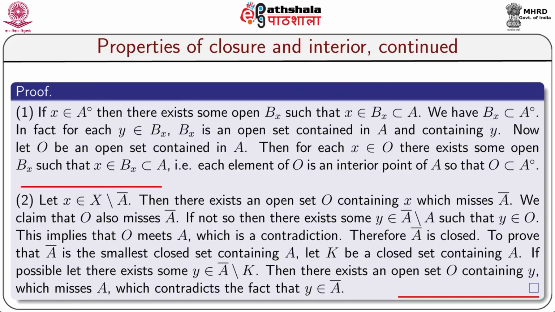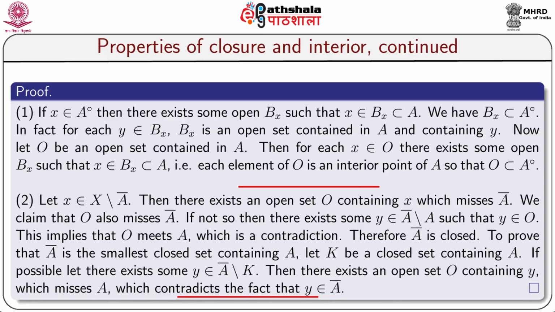The proof of the second. Let x be in the complement of A closure. That means x is not a limit point of A. Then there exists some open set O containing x which misses A closure. We claim that O also misses A. If not so, then there exists some y belongs to A bar minus A such that y belongs to O. This implies that O meets A, which is a contradiction.